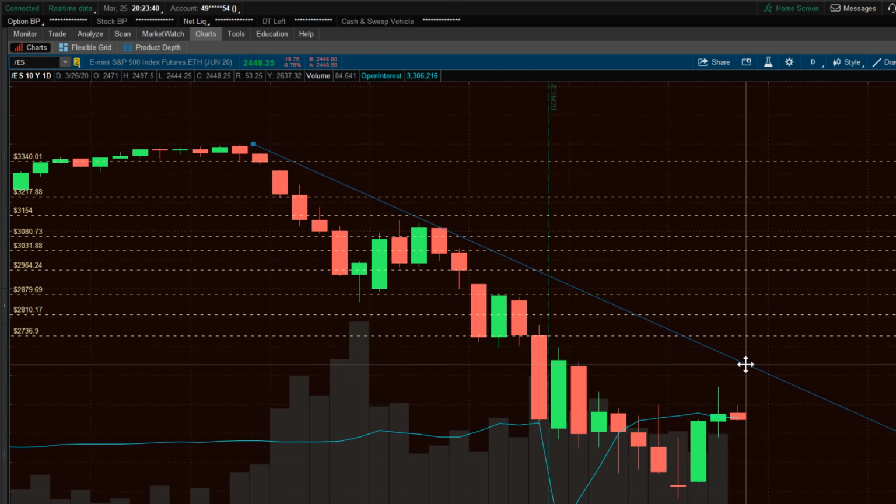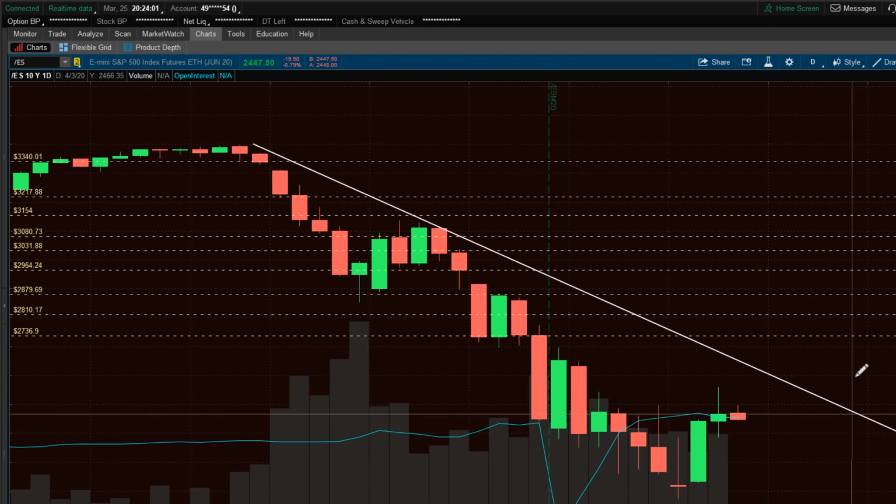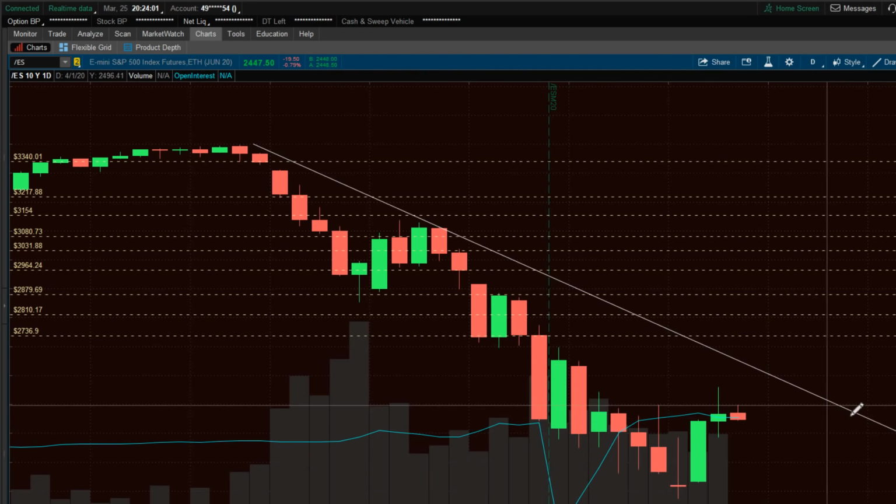So I would probably be expecting this one to either go sideways for a little bit and then make another run at the lows here, or go sideways for a while and then eventually break out. So it's got a little ways to go on this one.